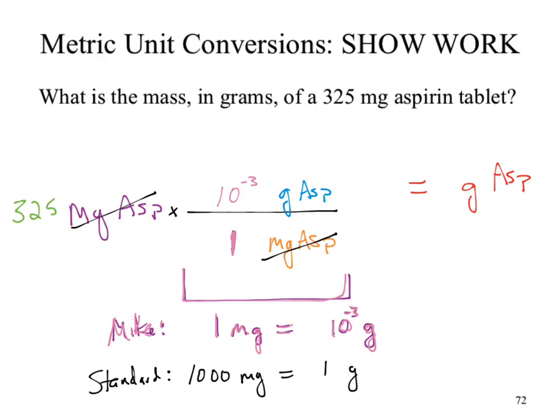What do you have access to? A calculator. You don't have to memorize extra information, and that's the problem with the standard method: you'll find that our non-1 number can change locations depending on which unit conversion we're doing. So you have to memorize more information if you use the standard method.